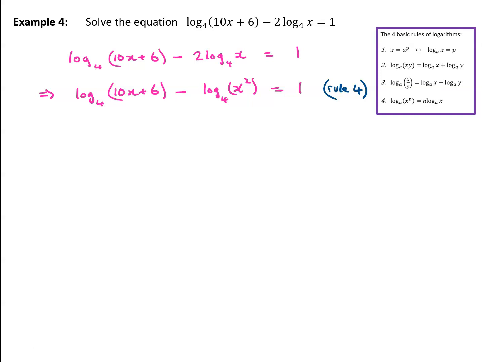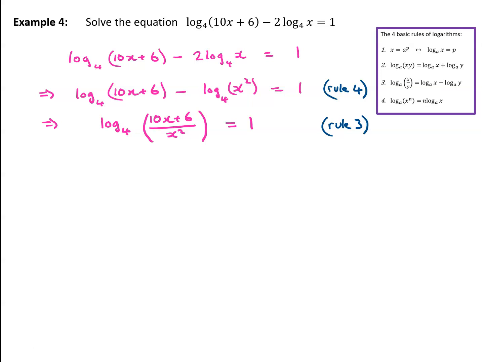Using rule 3, I can say that log to base 4 of 10x plus 6 minus log to base 4 of x squared is the same thing as log to base 4 of 10x plus 6 divided by x squared. So we've got, using rule 3, log to base 4 of 10x plus 6 over x squared must equal 1.